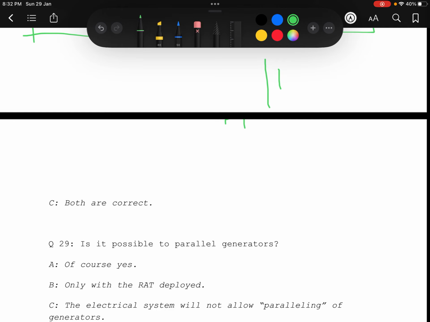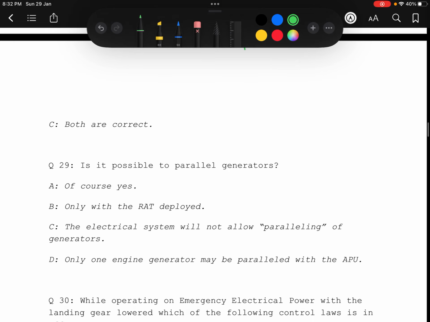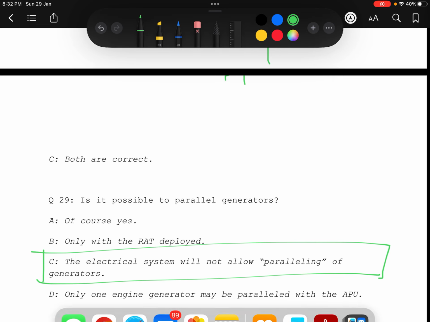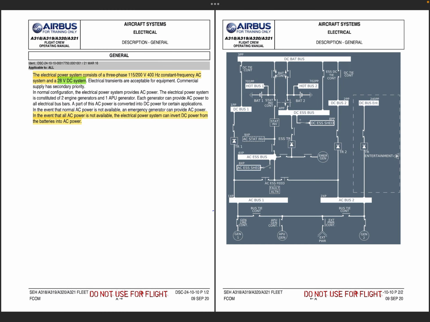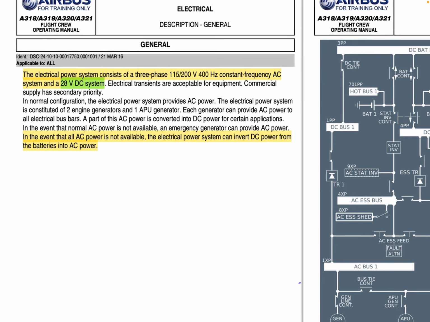Next question, is it possible to parallel generators? No, it is not at all possible to parallel the generators. I'll show you in the FCOM where it is written. You cannot do the paralleling. It's on the very first page, I think, if I'm not wrong. Just a second, I need to figure out where it is.